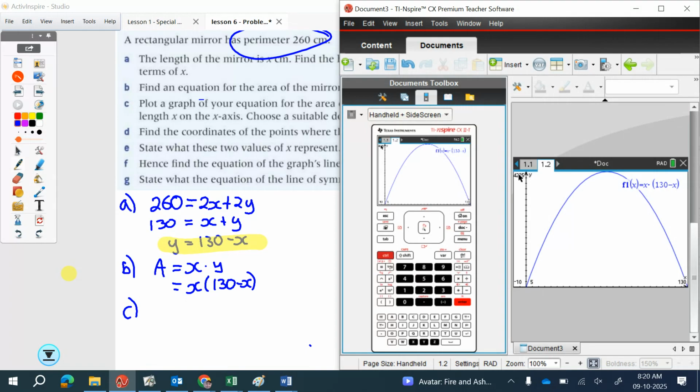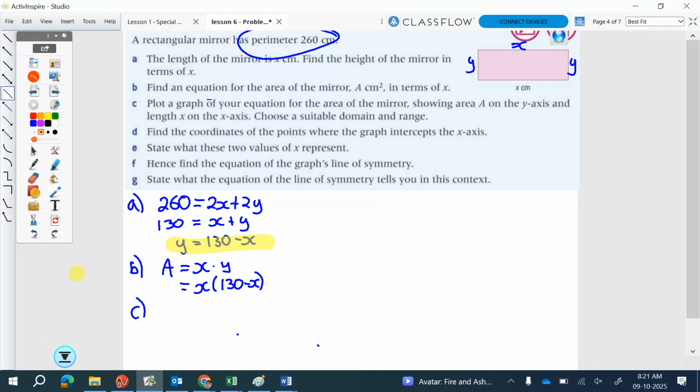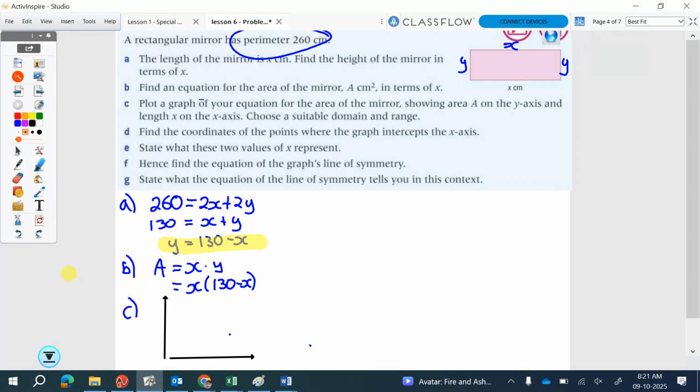So I just want to do a little sketch of this. Our graph is going to look like this. We go up to 130.